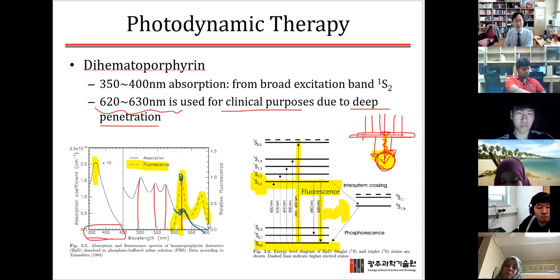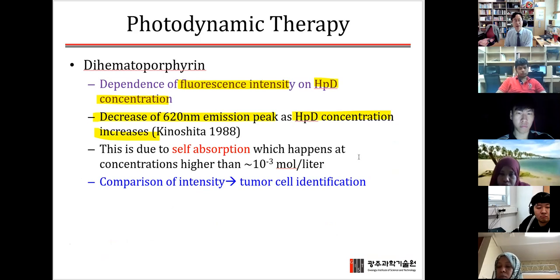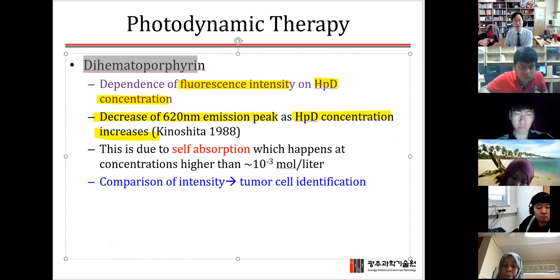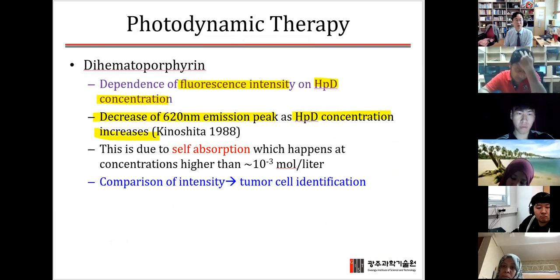This graph looks like the fluorescence is very strong compared with the absorption, but you need to see that those are relative units, while the absorption is an absolute value. So the actual fluorescence intensity is smaller compared with this absorption peak. The generated fluorescence signal is going to be reabsorbed by the photosensitizer itself, and that is called self-absorption.